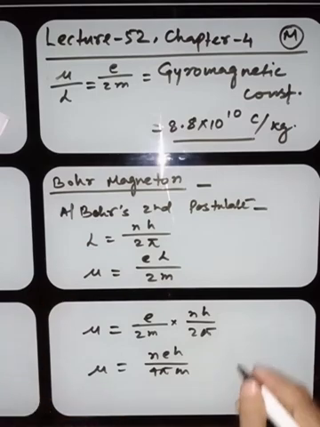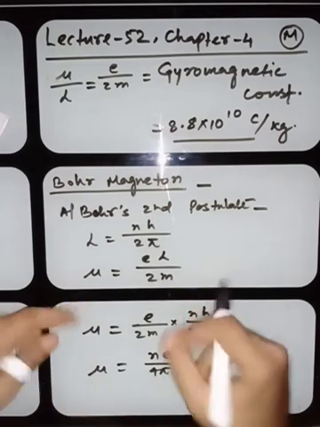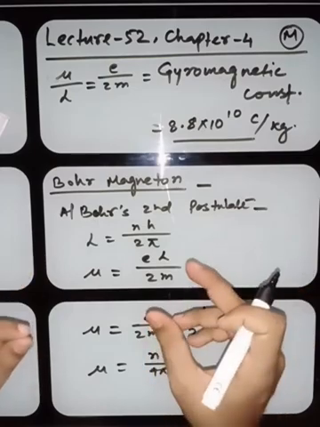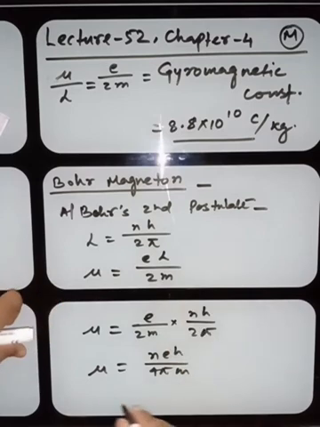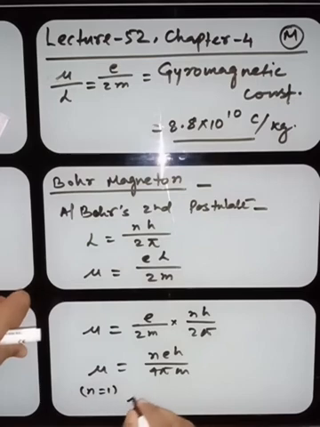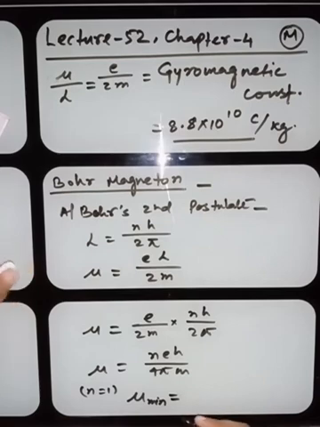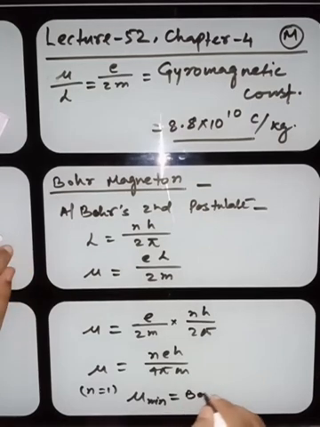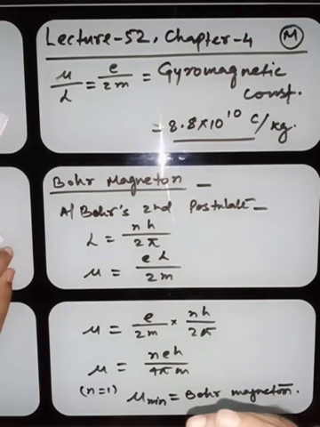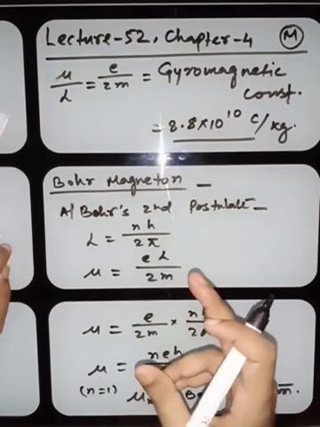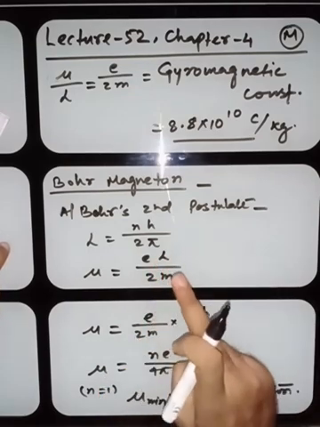The Bohr magneton is the magnetic moment for the innermost orbit, that is n equals 1. For the innermost orbit, mu will be minimum, that is the magnetic dipole moment will be minimum, and this is considered the Bohr magneton.